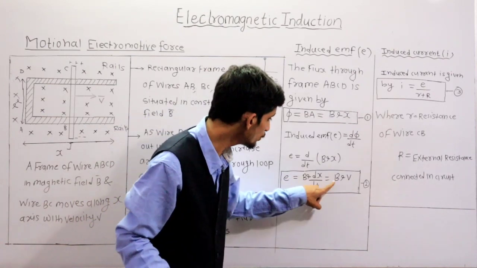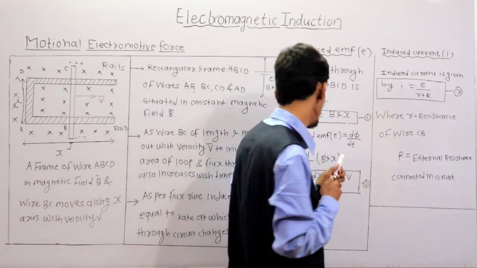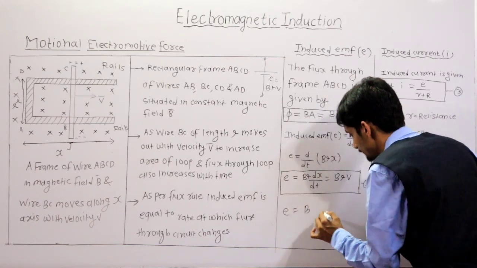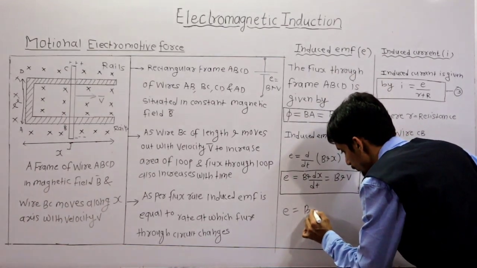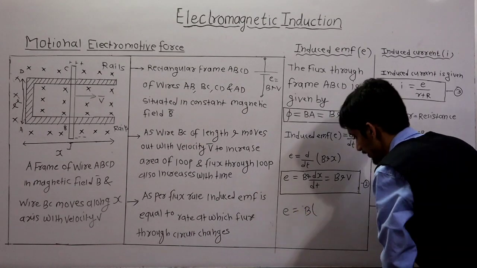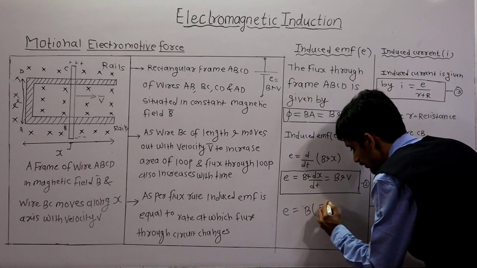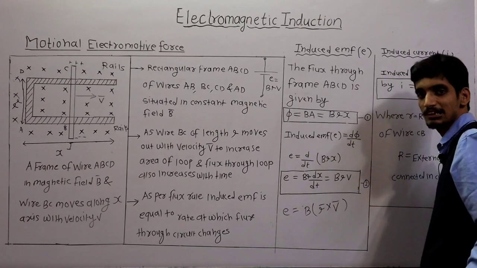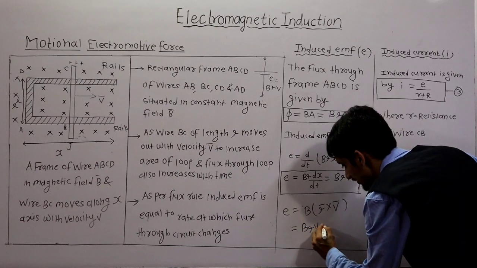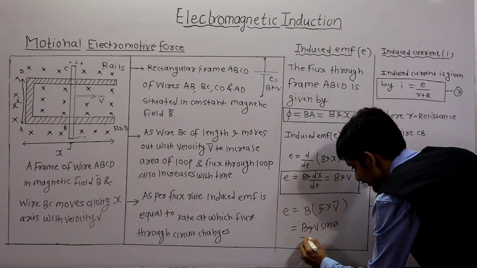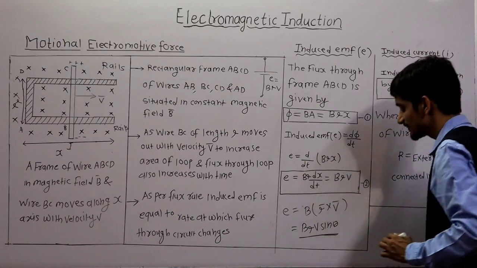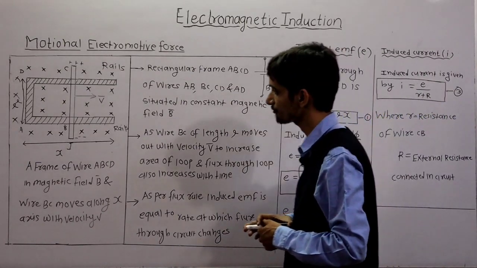Actually this E is equal to BLV can also be written as, if you want to know more, E is equal to B, L cross V. It means in this case it can be simplified as BLV sin theta.